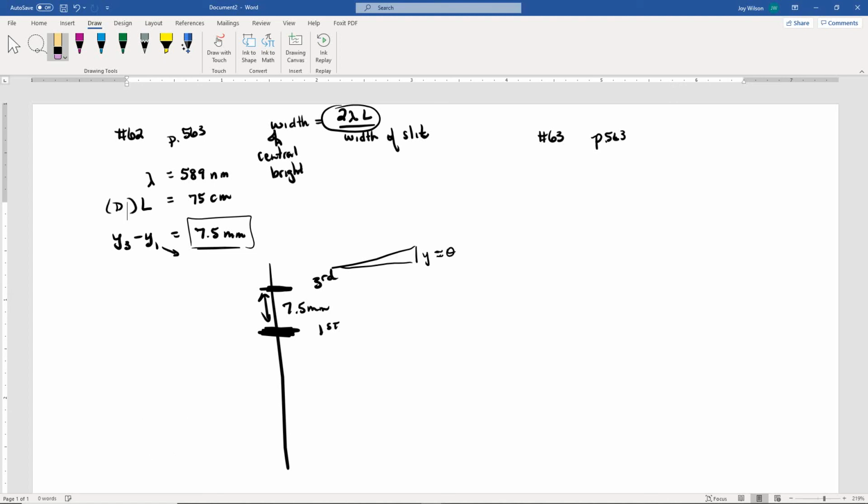Okay. So, this is the width of the central bright.